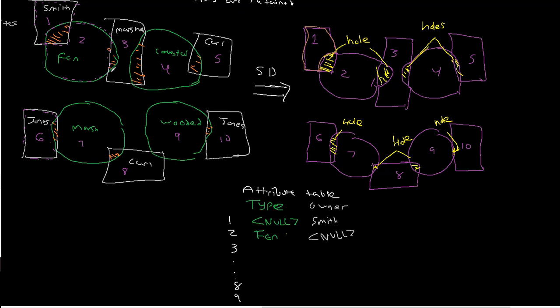3 is going to be the parts of the original construction site minus the overlap. So it's going to pull its attribute from the original construction site. So its owner is going to be Marshall.